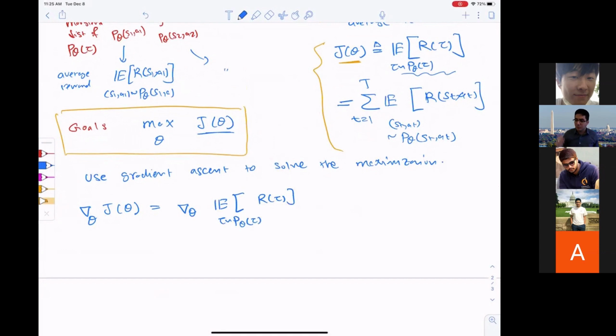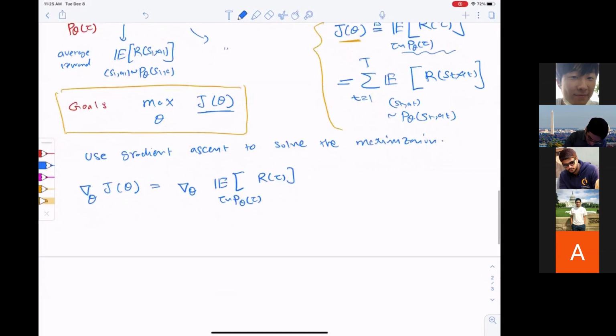And let's assume the trajectories are in a continuous domain. Similar argument for a discrete case as well. Then this expectation can be written as an integration. Right? So I have a density function, p theta of tau, times the reward associated to that trajectory, d tau.